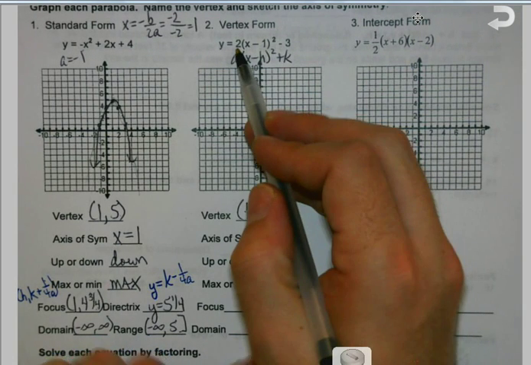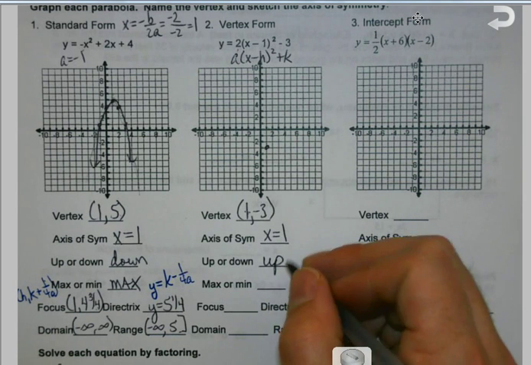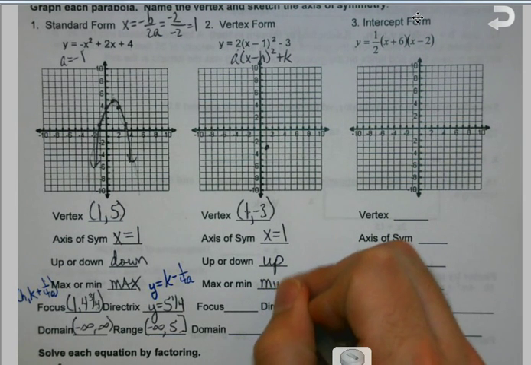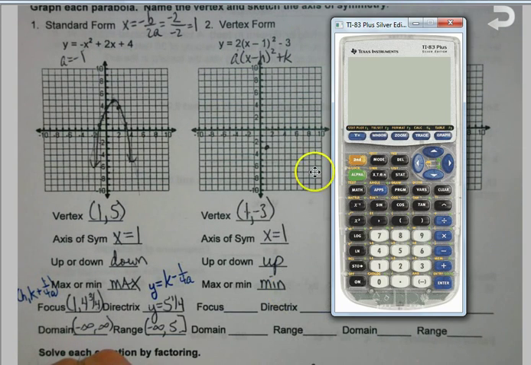I notice from it being a positive a value that this is going to open up, and any time we open up, we have a minimum. Now again, if you want to plug in the values, you can do that to get your equation. But again, I like to be able to save my time to be able to do some of the other problems in case I get stuck.